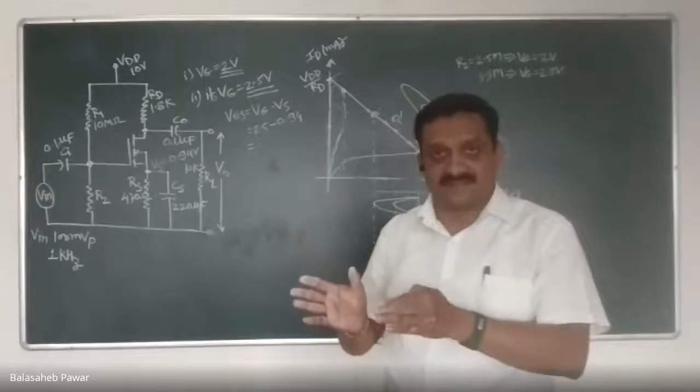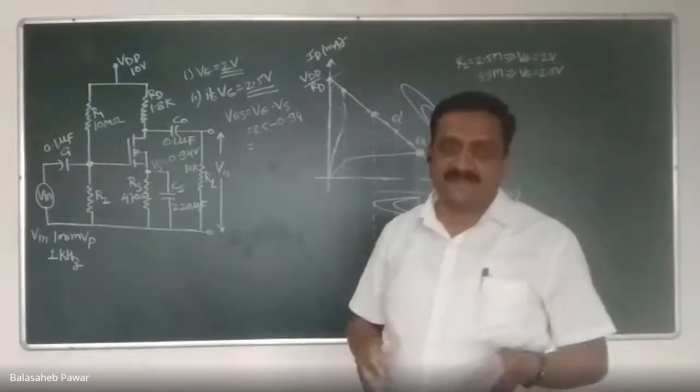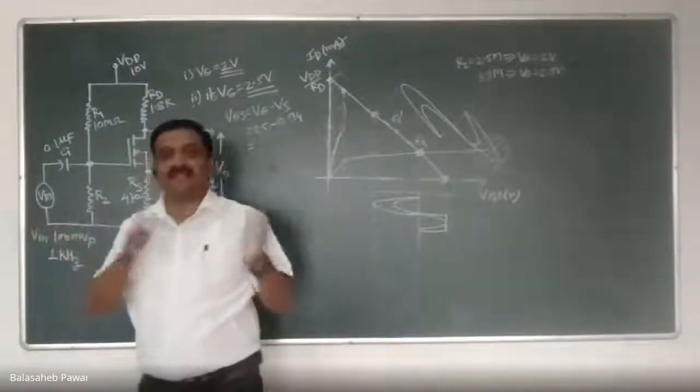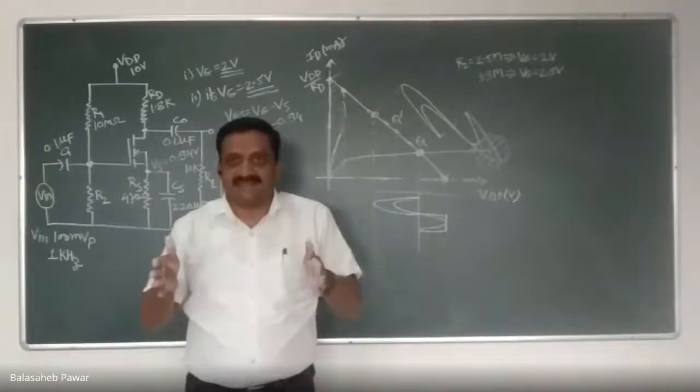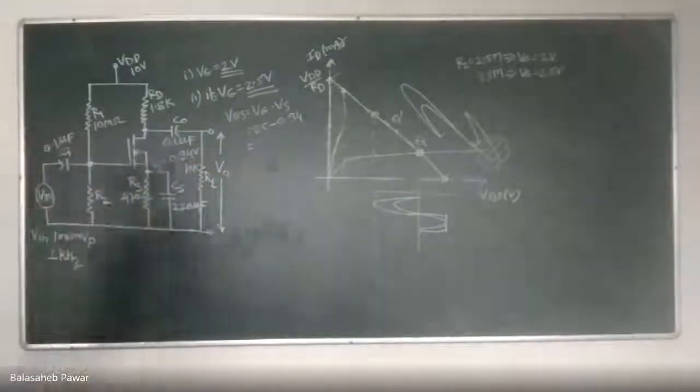And how it affects the output signal, or how clipping occurs at the output side. We will check on the CRO both the applied input signal and the obtained output signal. Is it clear?